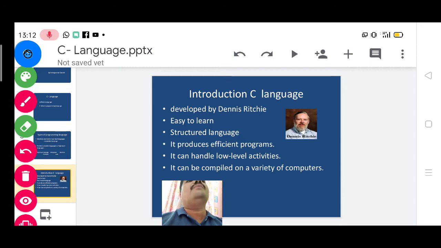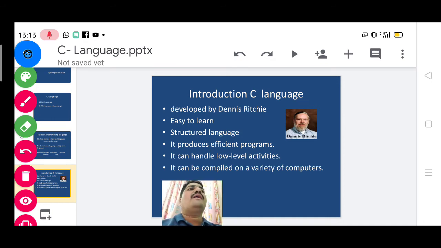It was first implemented on the Digital Equipment Corporation PDP-11 computer in 1972. The Unix operating system and virtually all Unix applications are written in C language.